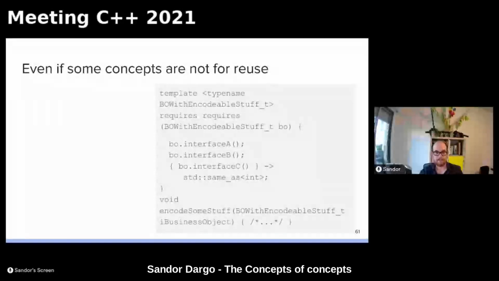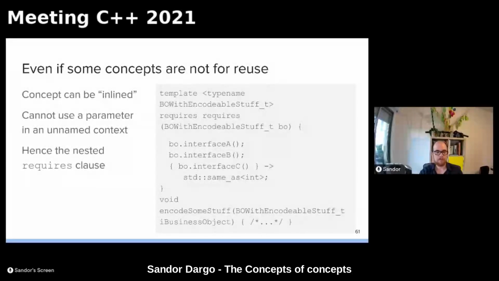As Andreas Fertig said yesterday in his presentation, it's often a code smell, but sometimes it might make sense, because it just means that you don't want to use a named concept, and you have to repeat the requires for that, because you cannot use the parameter in an unnamed context otherwise.